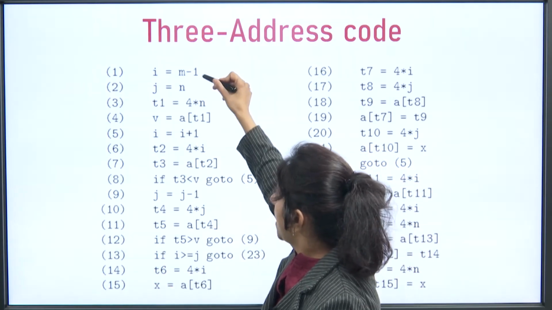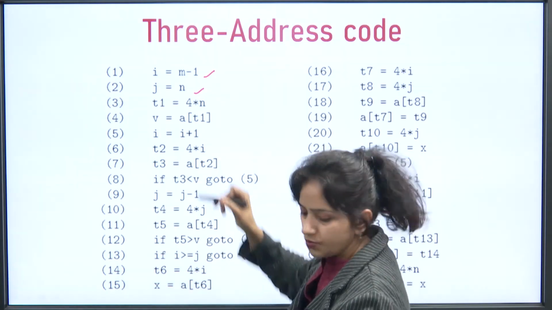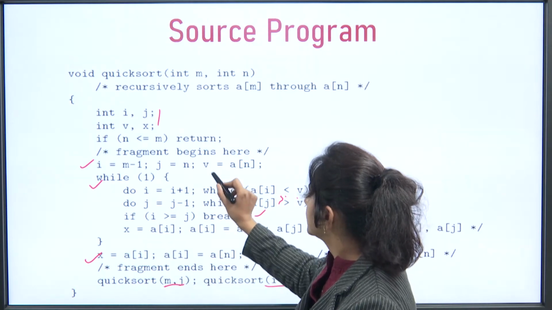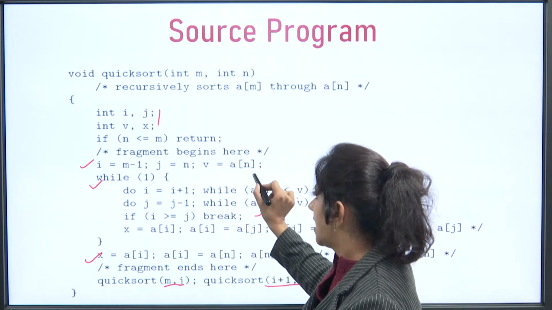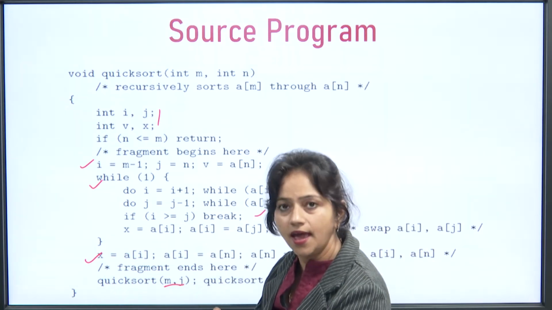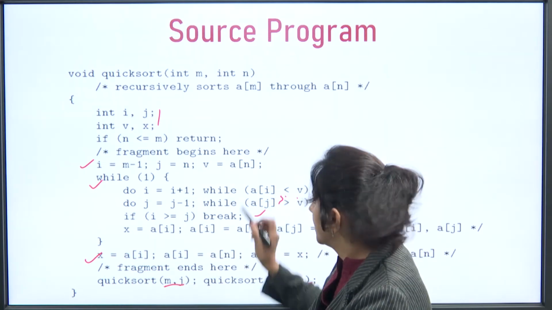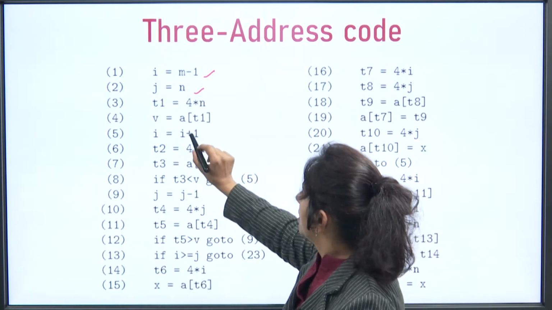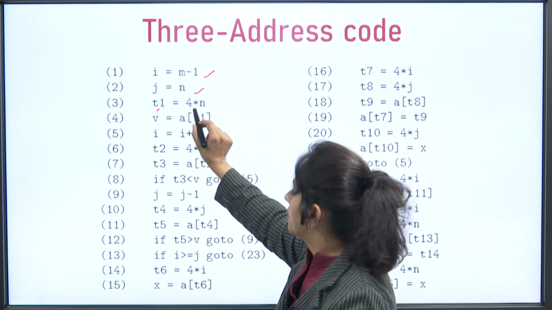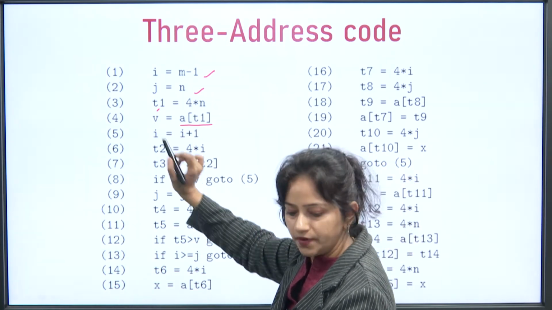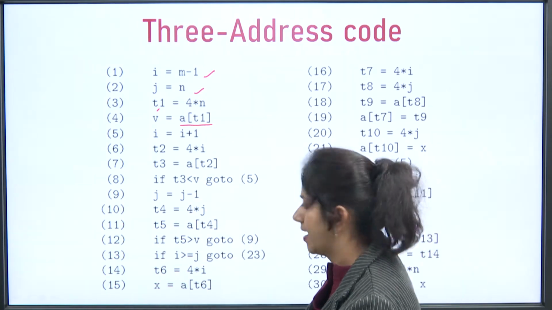Next is v is equal to a at n. This is an array access at index n, and then we set it to v. Just see here, T1 is equal to 4 into n, and then a at T1 is set to v, so 2 instructions are required here.